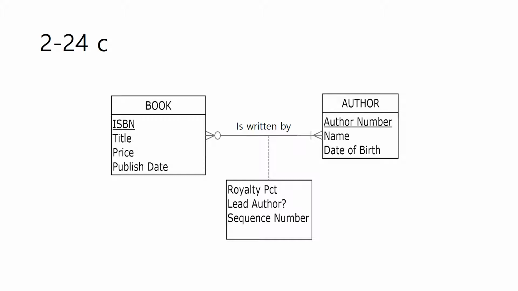So there is an associative entity, and then a composite identifier, ISBN and author number. And then the non-primary attributes must be royalty percentage, lead author, and sequence number of author.